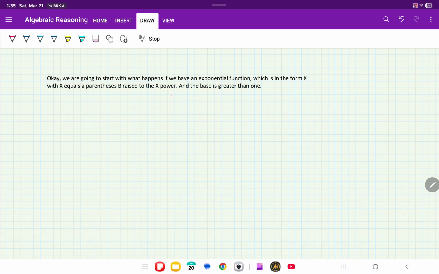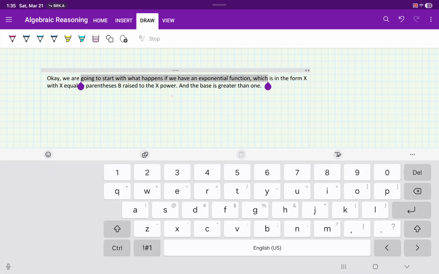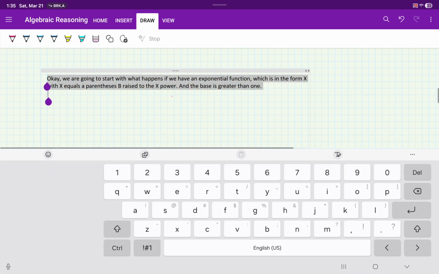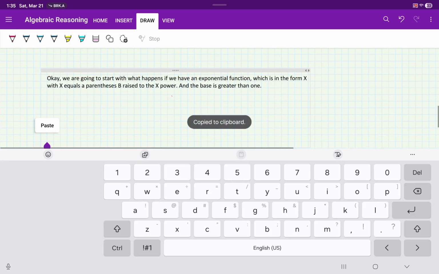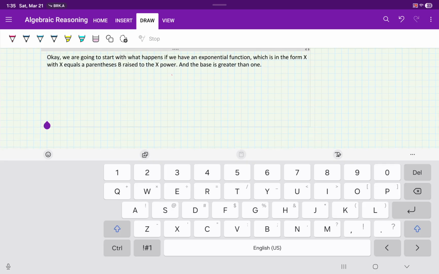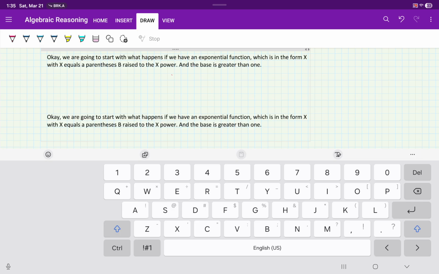I need to put the pen down, because I hate trying to draw. I'm just going to select all of this, copy it, and paste it down here.